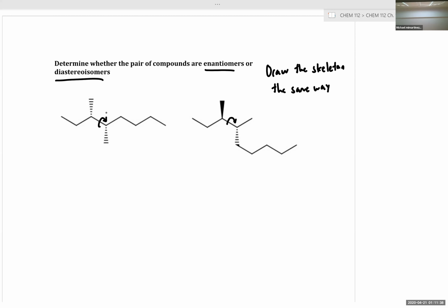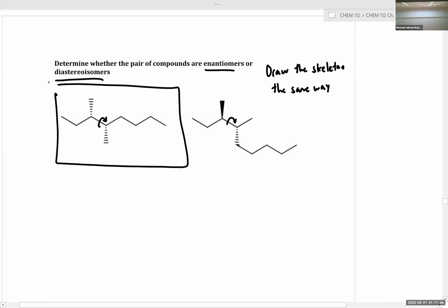And when you're building the model, make sure it matches 1 for 1 with the drawing. And if you need a starting point, you can just start with the structure on the left.